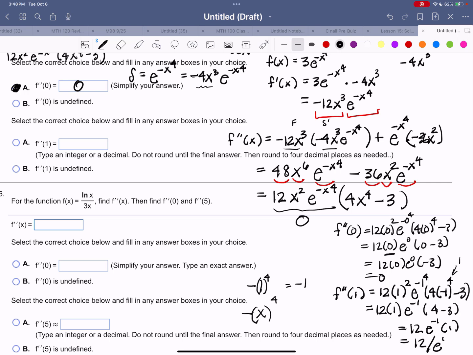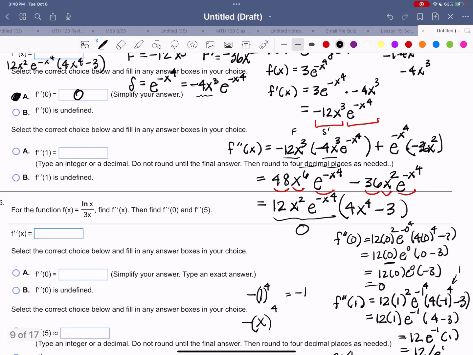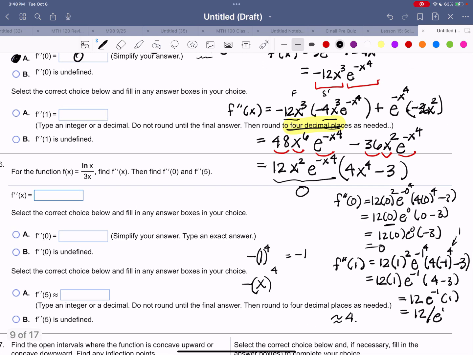So 12 divided by, and you got an e key on your calculator, so do second natural log and tell it is e to the 1, and then you get 4, and let's see, they say do it to 4 decimal places. See right here? 4 decimal places. So 4.4146.